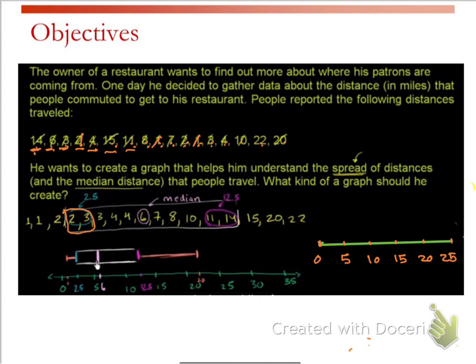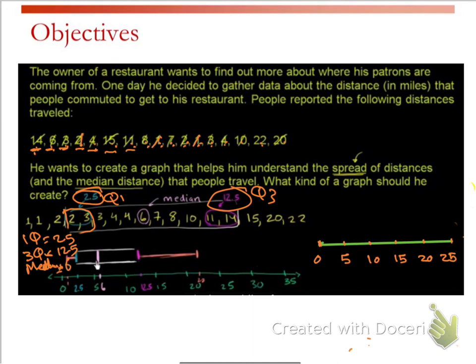I have already calculated it. So Q1 is 2.5, and Q3 is 12.5, which I have here. These are the start and ending points. So I have Q1 equals 2.5, Q3 equals 12.5, and the median equals 6.